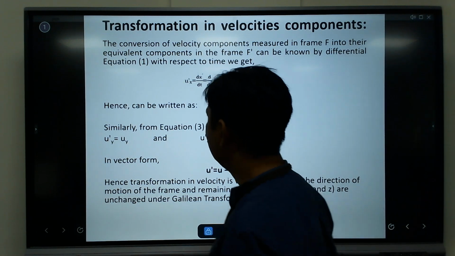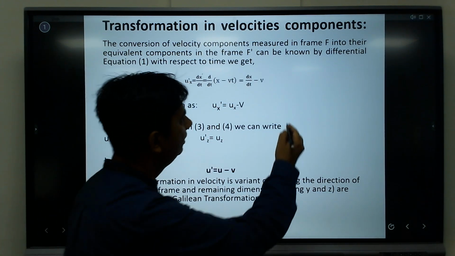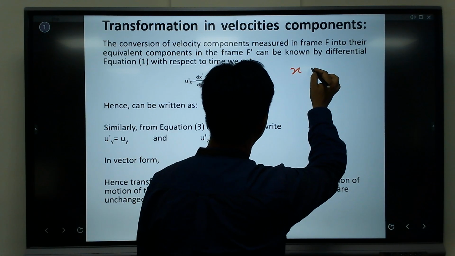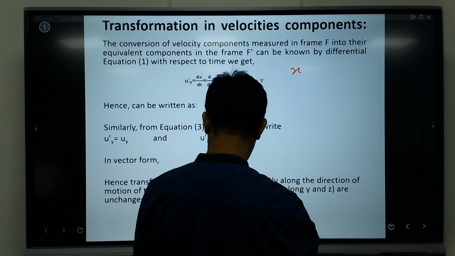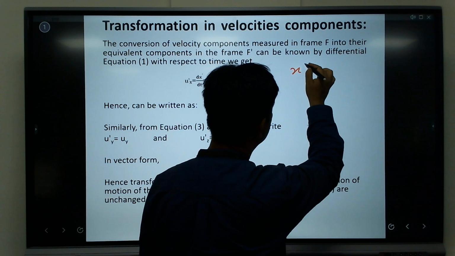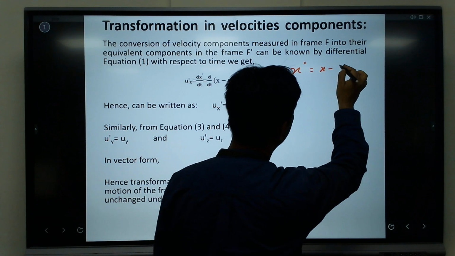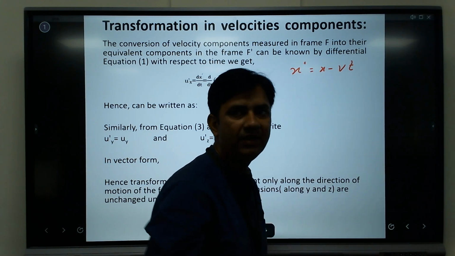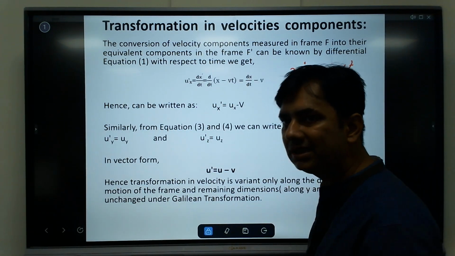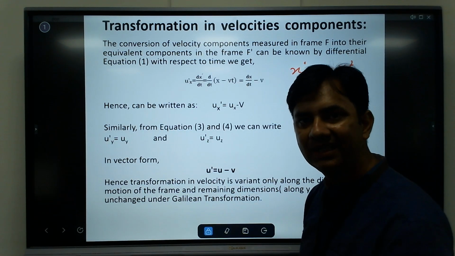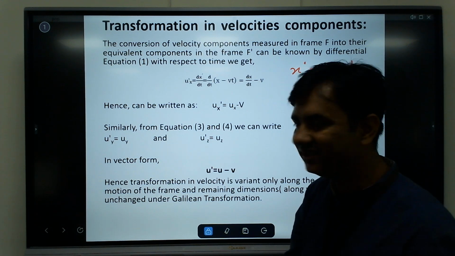Okay. What we have is x dash is equal to x minus vt. Don't we have this? We have this. Now, if we differentiate both sides with respect to time t, then what we will get is velocity.